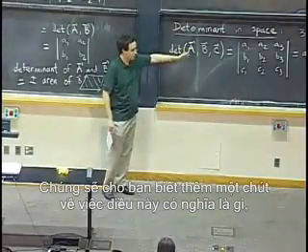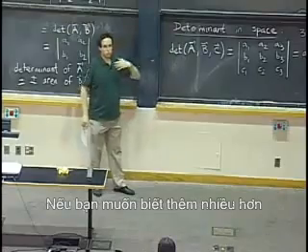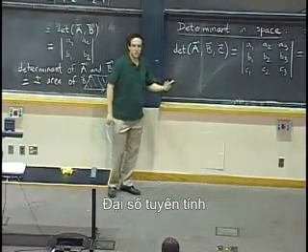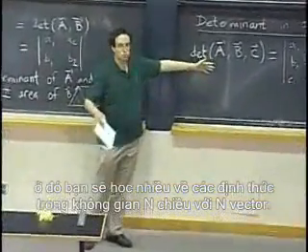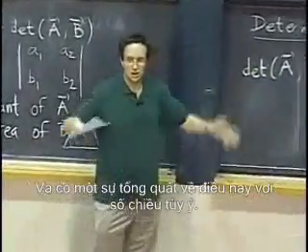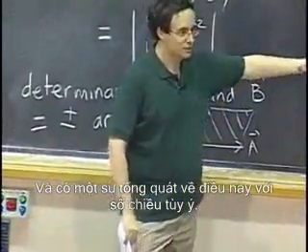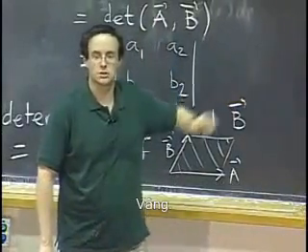They will tell you a bit more about what this means, where it comes from, and so on. If you want to know a lot more, then someday you should take 1806, linear algebra, where you will learn a lot more about determinants in n-dimensional space with n vectors. And there's a generalization of this in arbitrary dimensions. In this class, we'll only deal with 2 or 3 dimensions.